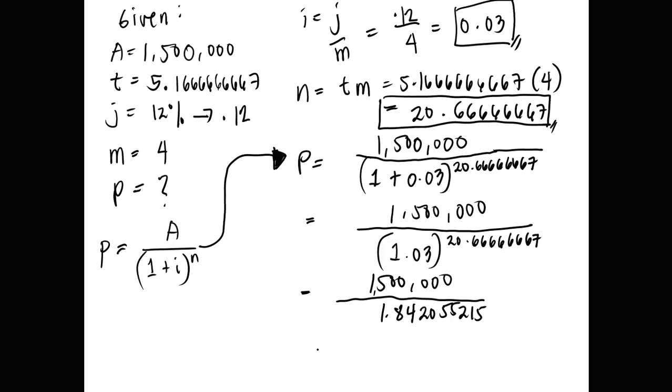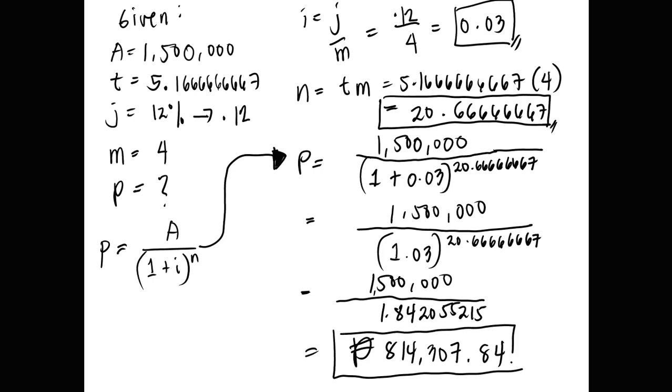And then after that, divide. 1.5 million divide by 1.842055215. Answer is 814,307 pesos and 84 centavos. And that will be your final answer.